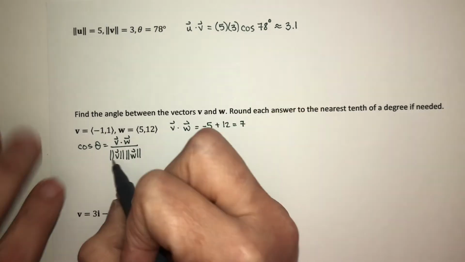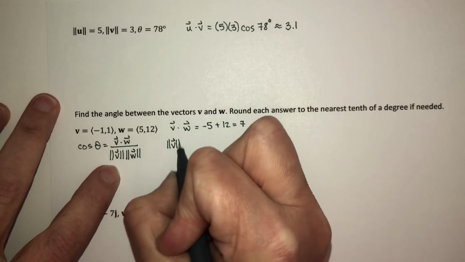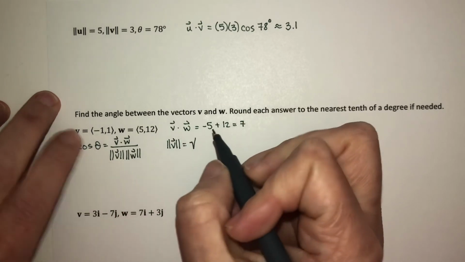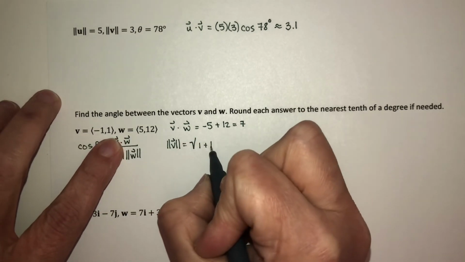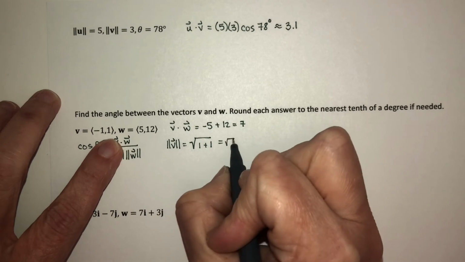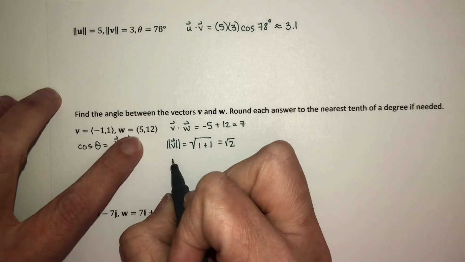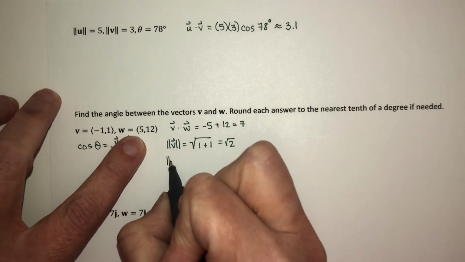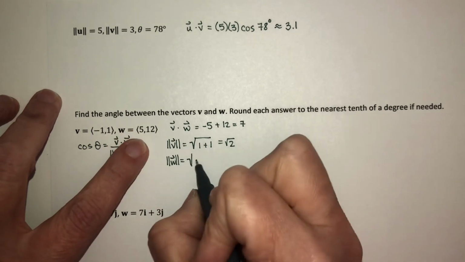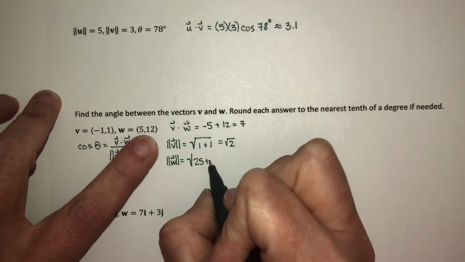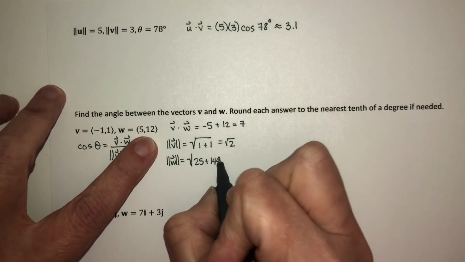Okay, now the magnitude of v is the square root of -1 squared, which is 1, plus 1 squared, which is 1. So this is the square root of 2. Okay, the magnitude of w is the square root of 5 squared, which is 25, plus 12 squared, which is 144.